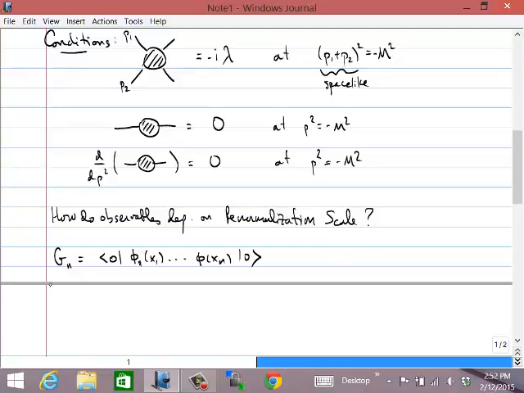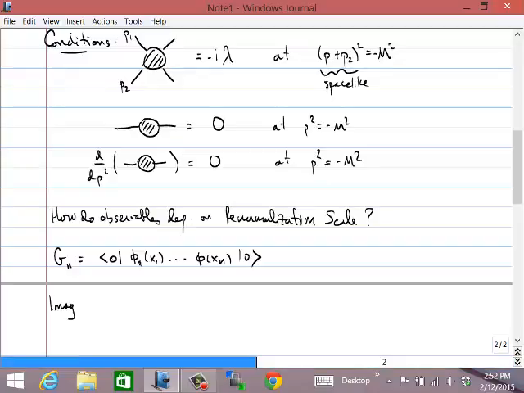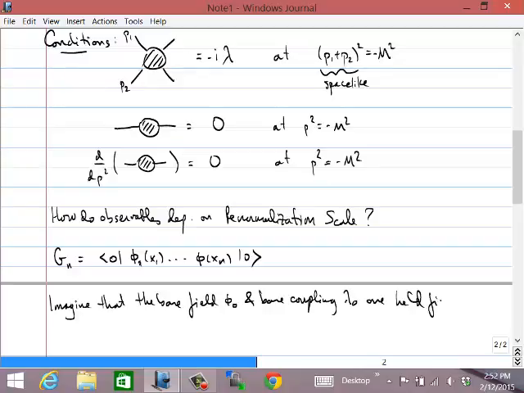And so what we want to do is imagine that the bare field phi naught and the bare coupling lambda naught are held fixed, while the parameter m is being varied.